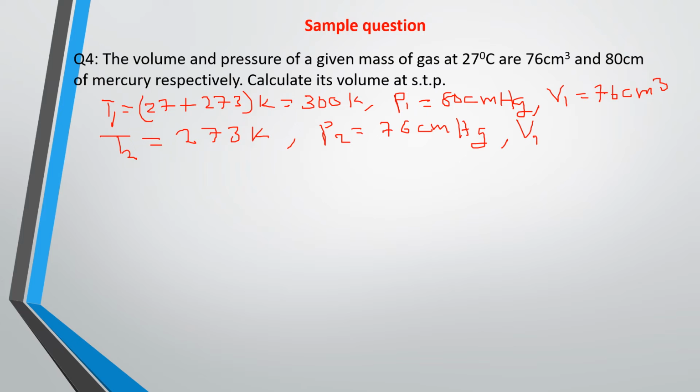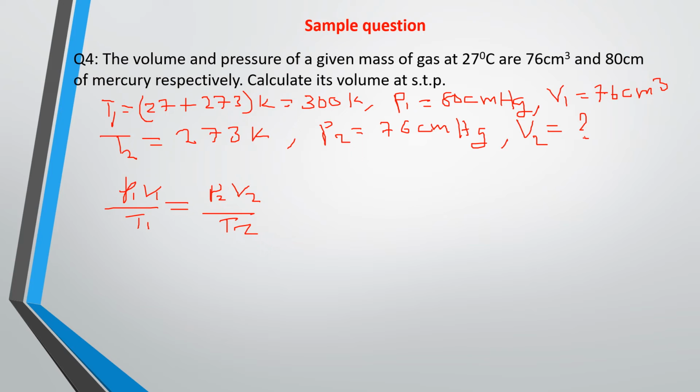V2 is what we do not know. So applying that equation now, we have that P1 V1 all over T1 equals P2 V2 everything over T2.